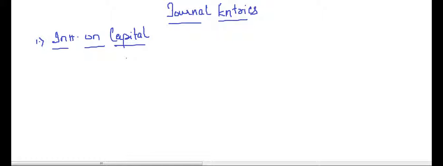It will be debited because the rule says debit all expenses and losses. So the entry will be interest on capital account debit.